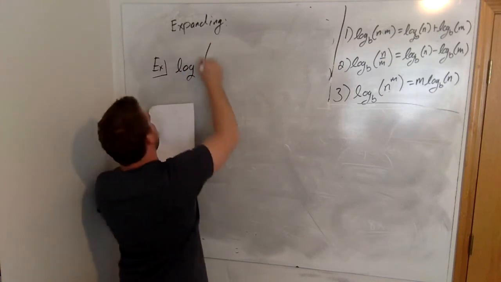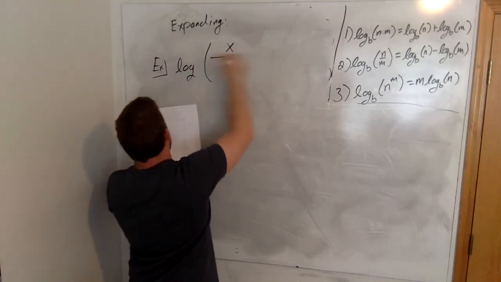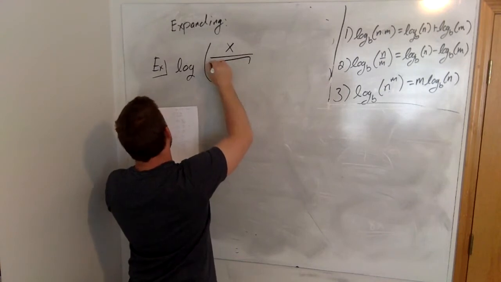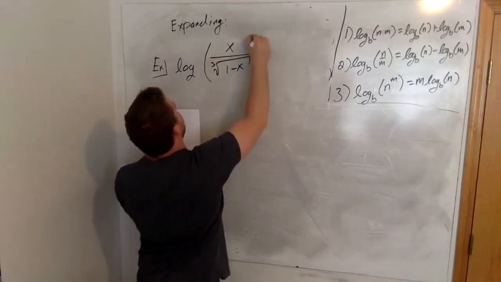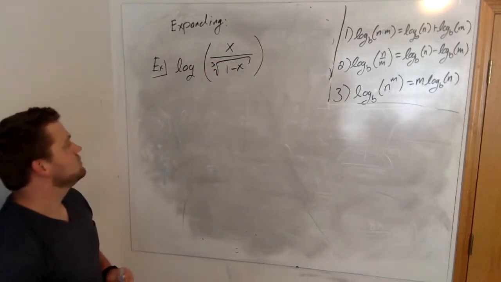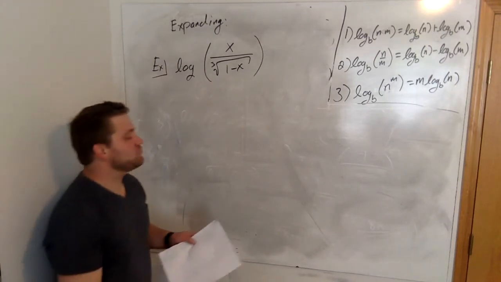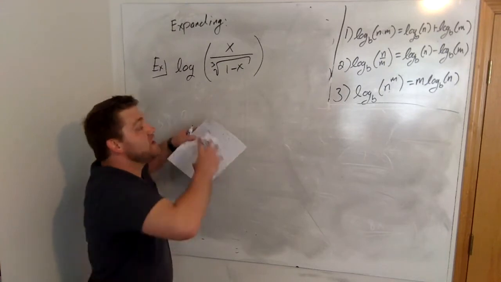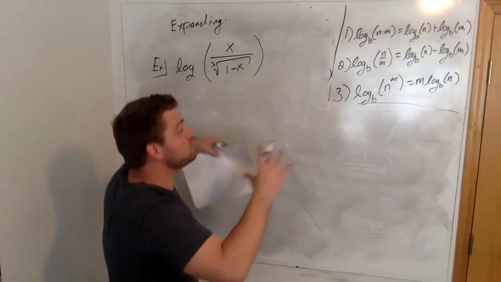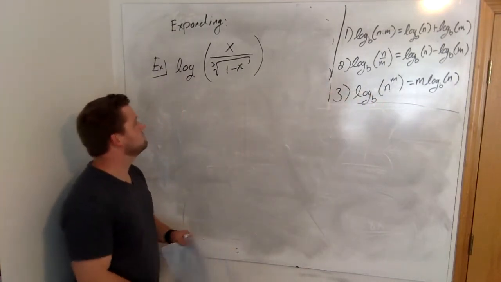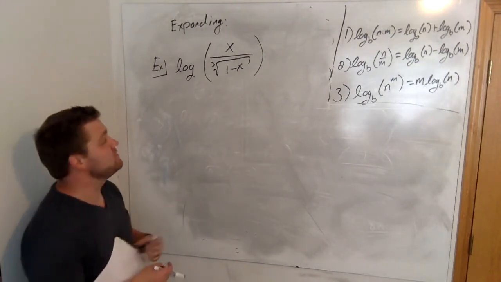Let's say we have log of x over the cubed root of 1 minus x. So what we want to do in these situations is take a single log expression and expand this out as much as possible using log rules. Go ahead and pause the video and see if you can do this on your own.